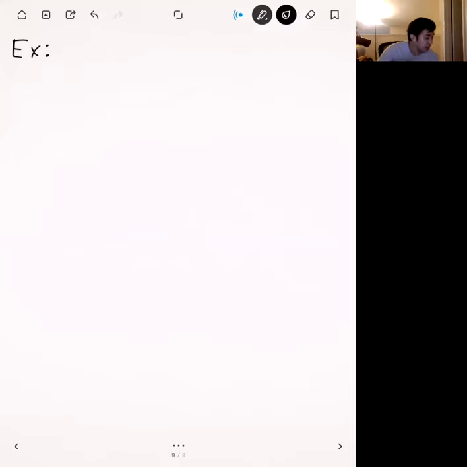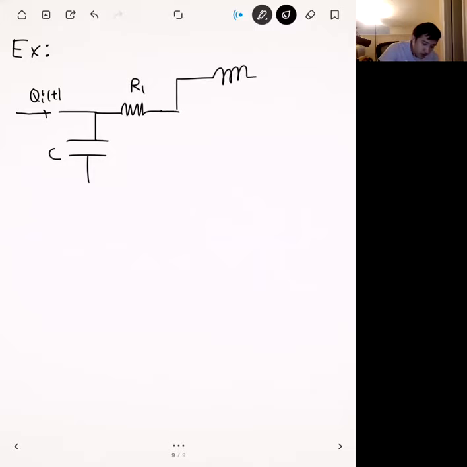Let's say we have the following situation. We have flow coming in here, and this flow is going to hit a capacitor. It's also going to go to another path, so we'll call this R1, and we'll call this C. From here the path is going to split: on one path we have an inductor, and on another path we have another resistor, which we'll call R2.